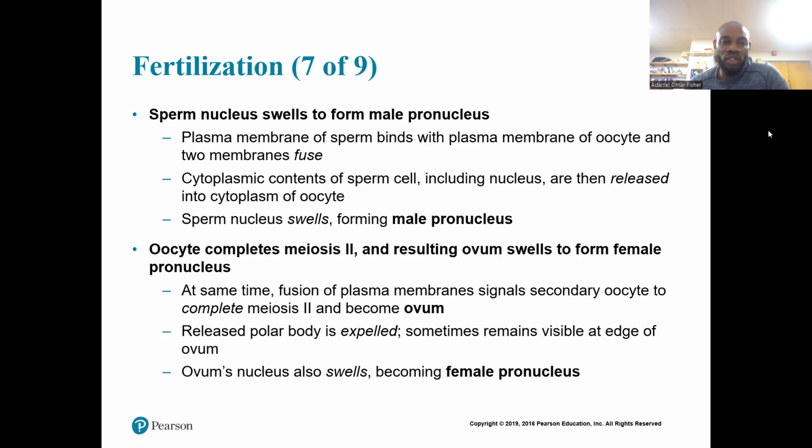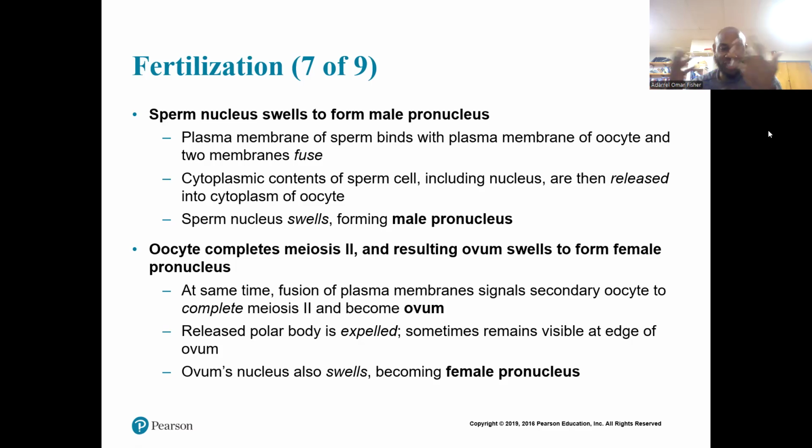Next, the sperm nucleus swells to form the male pronucleus. Sperm binds the plasma membrane of that egg. The two membranes fuse. Cytoplasmic contents of the sperm, including the nucleus, are released into the egg. They're becoming one.